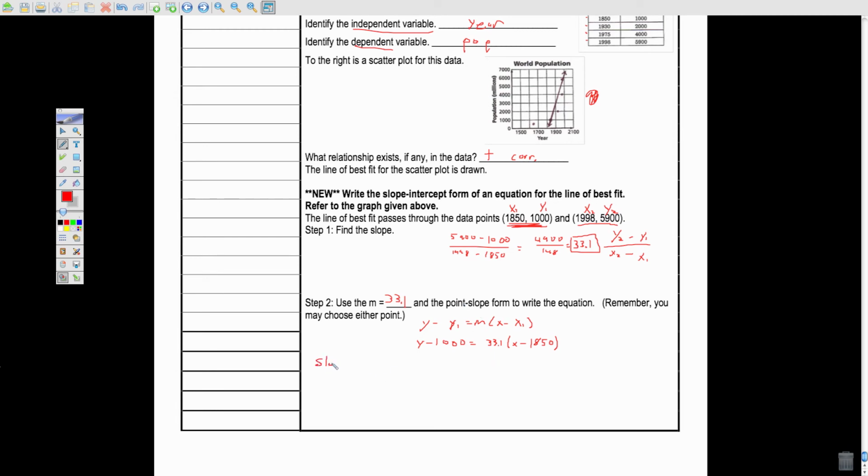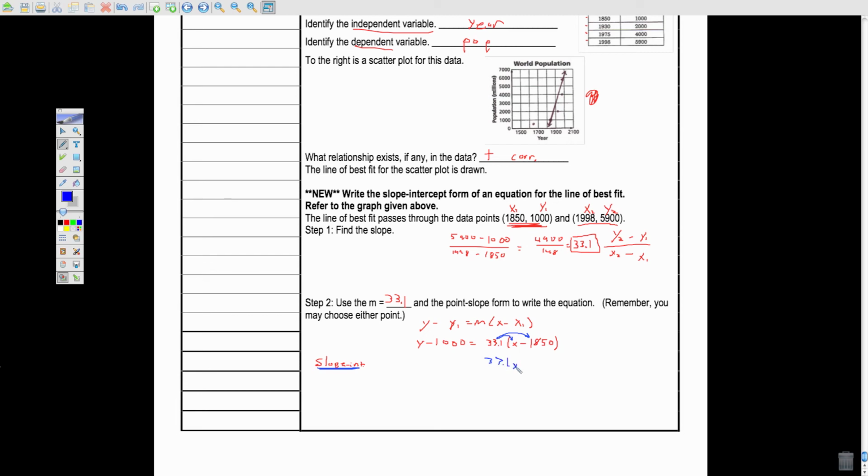If it asks us to find slope-intercept form, we would distribute. So I'll do this one in blue. Slope-intercept, I would distribute. If it helps to draw the arrows, then draw the arrows.